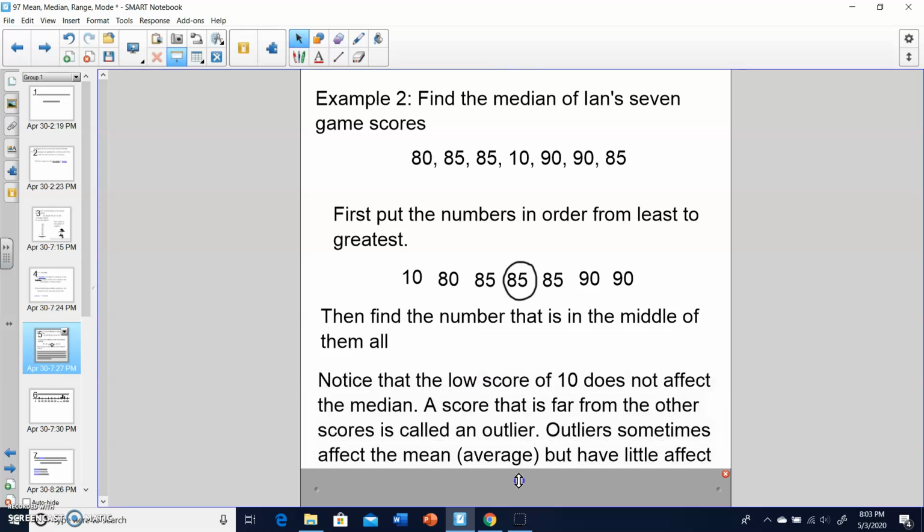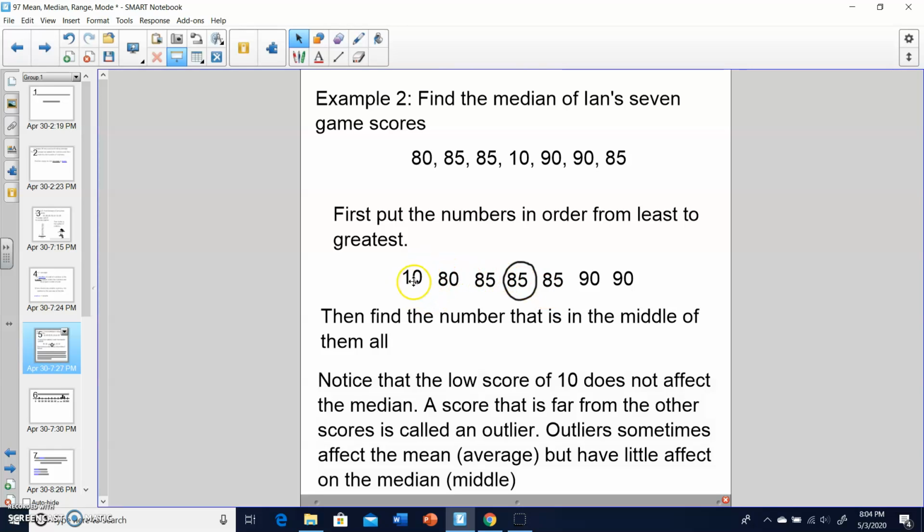Okay, notice that the number 10 doesn't affect what the median is. However, a score that's that far out from the other scores is called an outlier. That 10 is pretty far from all the rest of these numbers. Outliers don't really affect the median. So when you have them in the middle, that doesn't affect the middle number, but it can affect the average.